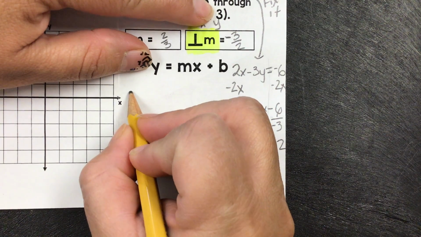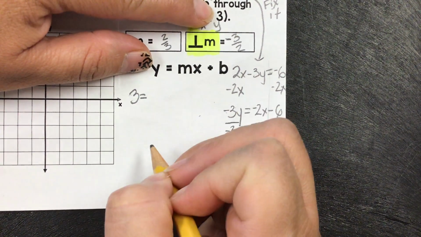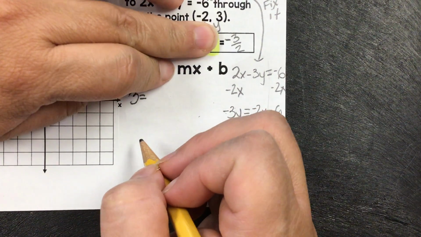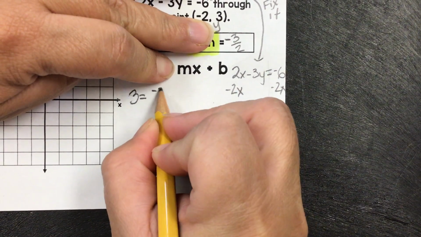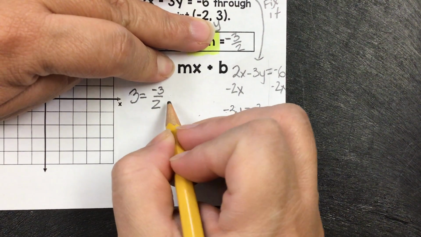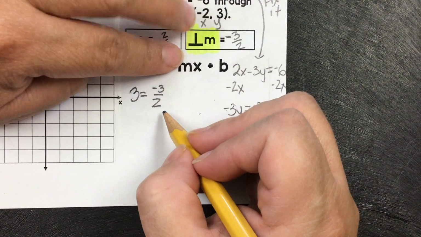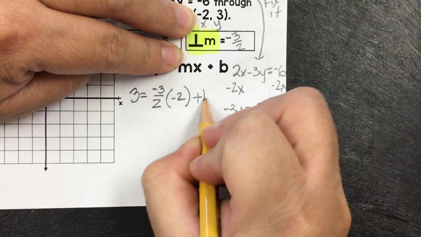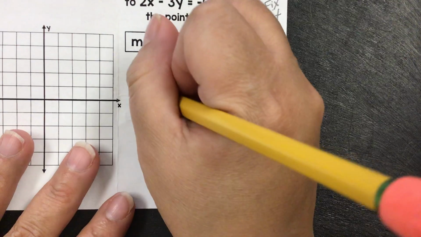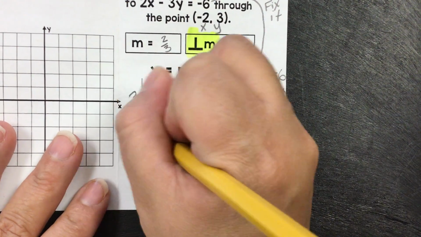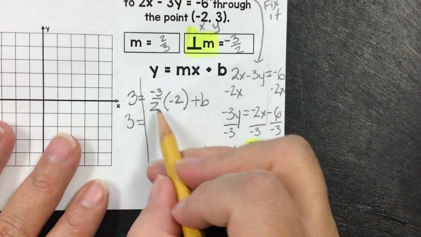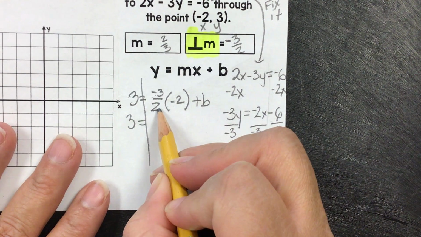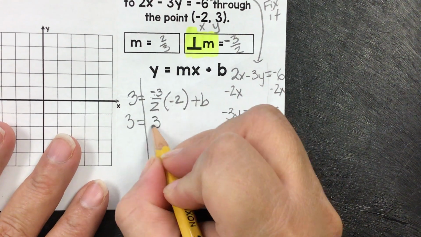Y, so this is 3 equals my m, which is the perpendicular one. So we don't need the other one anymore. Your x value, which is a negative 2, and then plus b. 3 is equal to, the negative signs cancel out. Multiplying by 2 and a division of 2 cancel out. So we have 3 plus b.